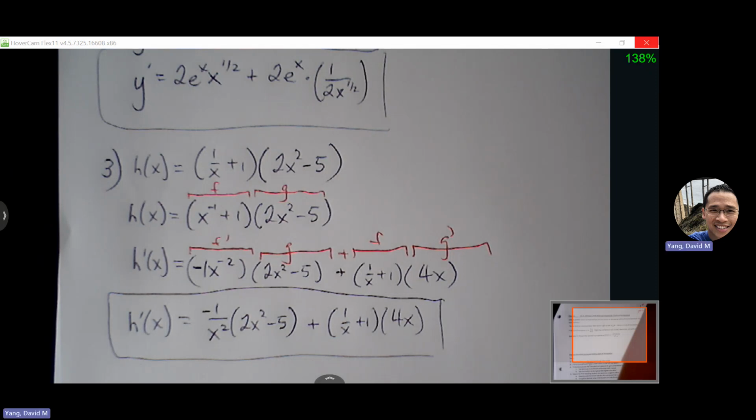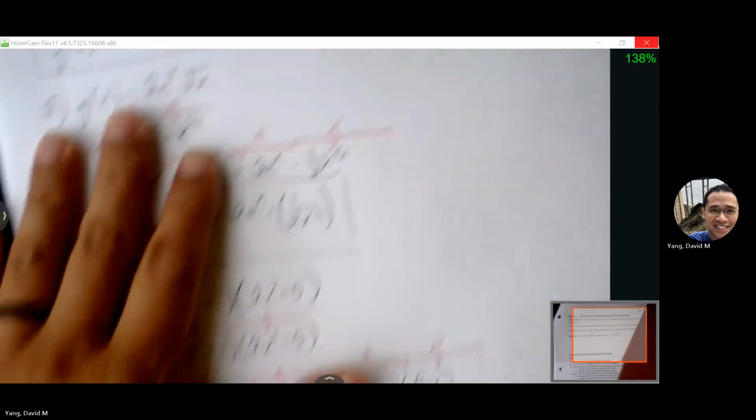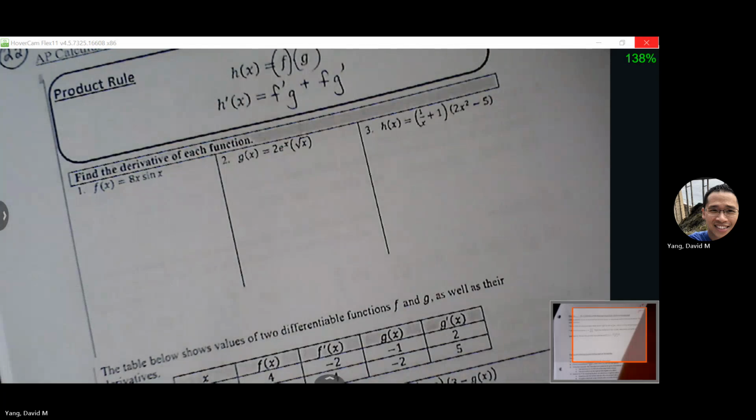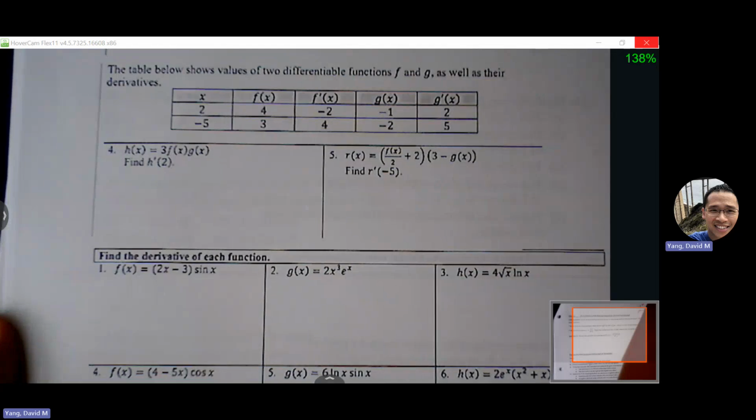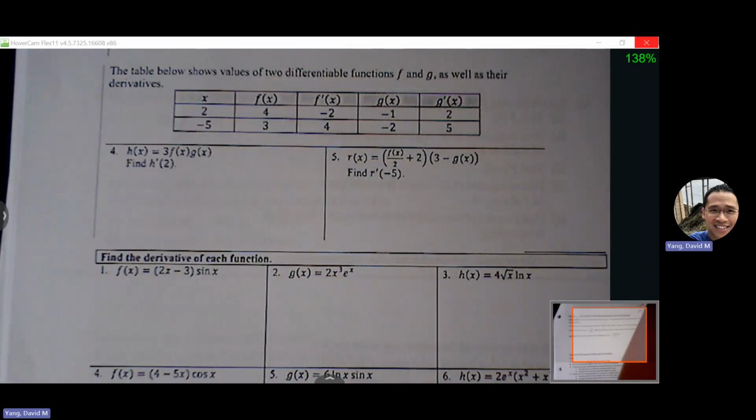Okay, number 4. Now, number 4 references a table, so we're still going to apply product rule, but we're going to use a table to substitute values for us. Anybody still need number 3?